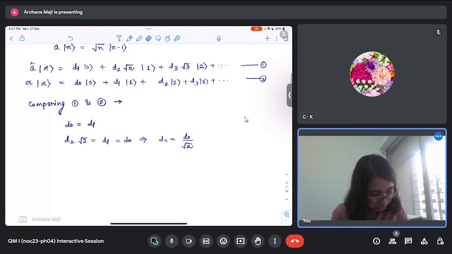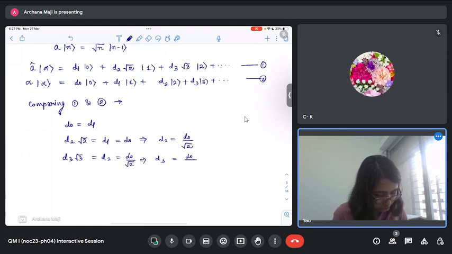The third term gives us d3 square root 3 equal to alpha d2, and d2 is alpha squared d0 over square root 2. So this implies d3 is alpha cubed d0 over square root of 3 times 2.